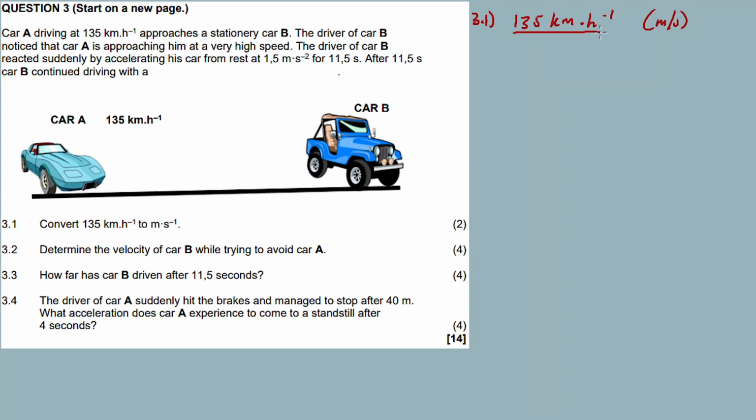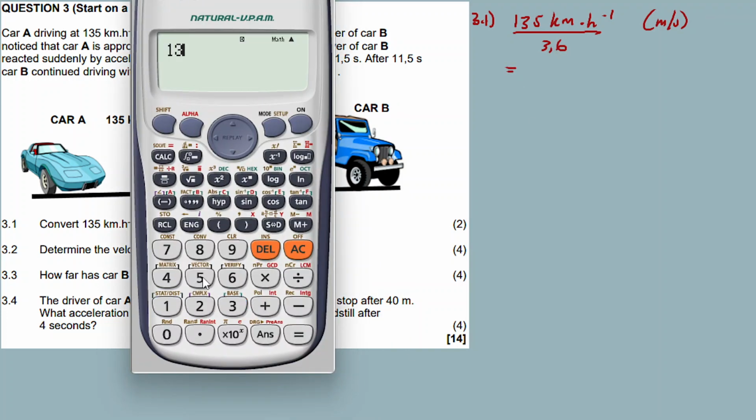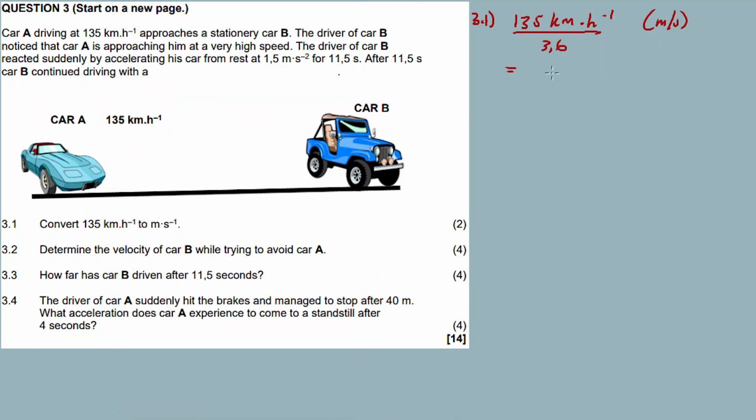We divide by 3.6. 135 divided by 3.6, the answer is 37.5 meters per second. So what if you want to convert from meters per second to kilometers per hour? If that's the case, you multiply by the same 3.6.